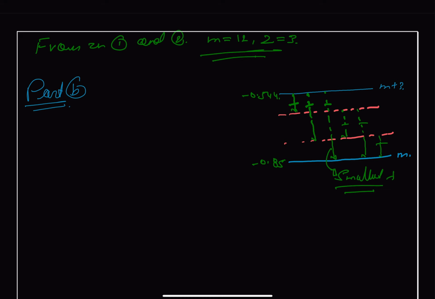We can use the energy relationship between the wavelength and the energy. So delta E will be equal to hc upon lambda, and this will be equal to 0.85 minus 0.544, and we have this as hc upon lambda.